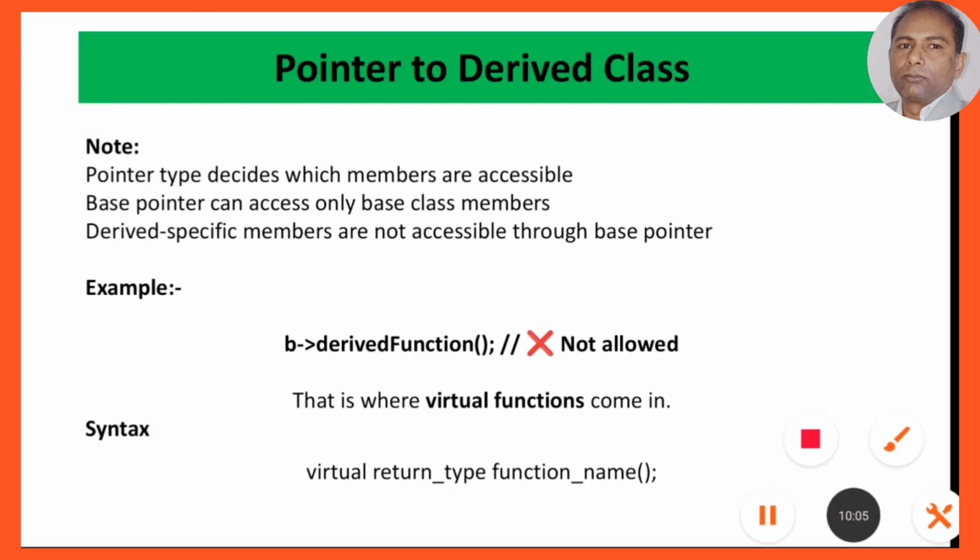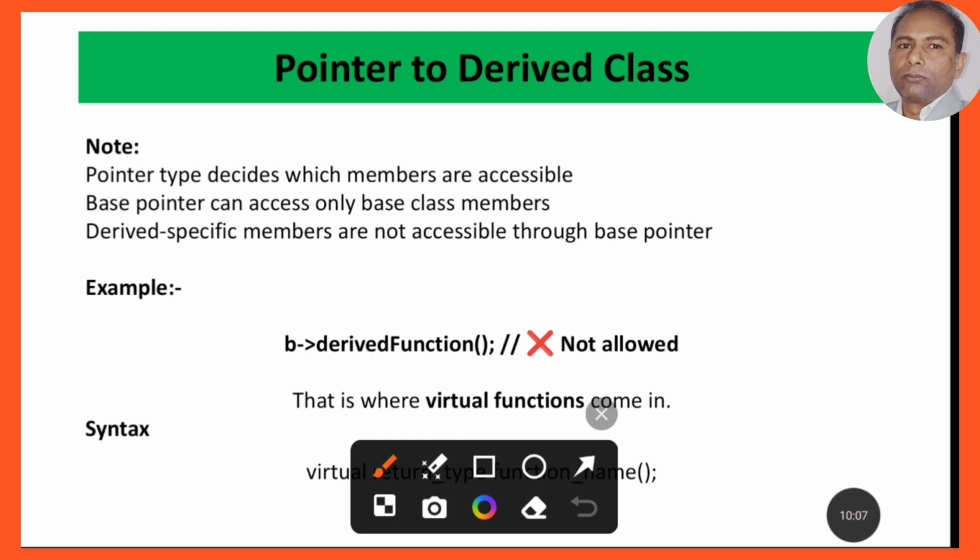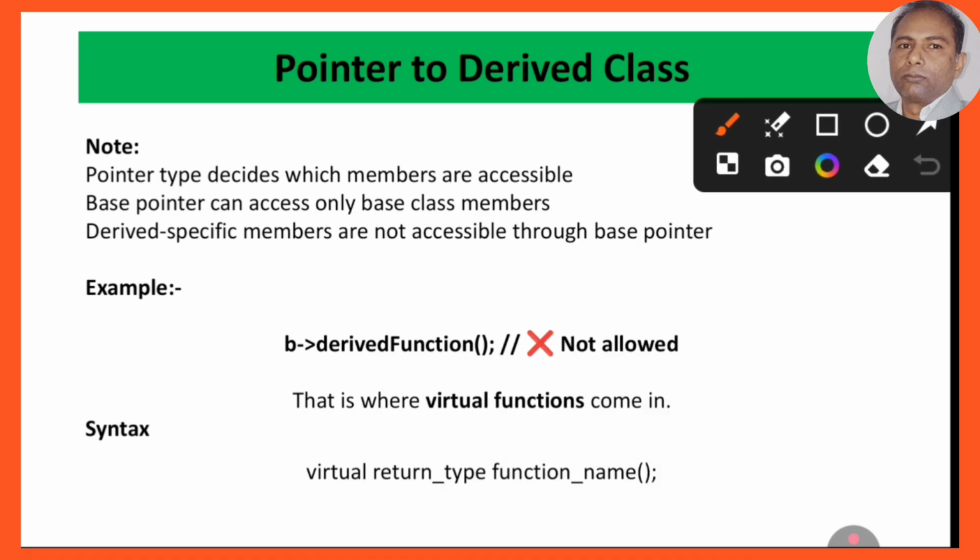Now, what is happening here? The pointer type decides which members are accessible. A base pointer can access only the base members. Although it is pointing to the object of the derived class, it will access only the members of the base class. Derived class members are not accessible through a base pointer. If we write b arrow derived class function, this is not allowed here.